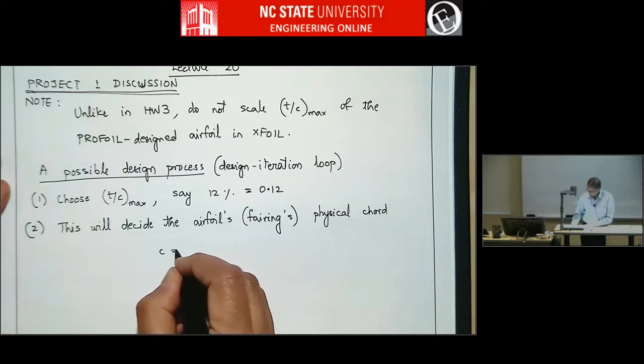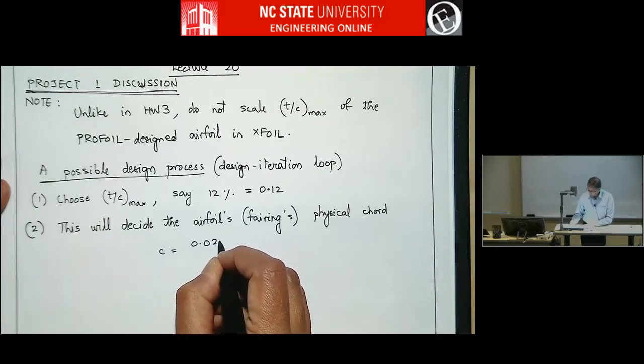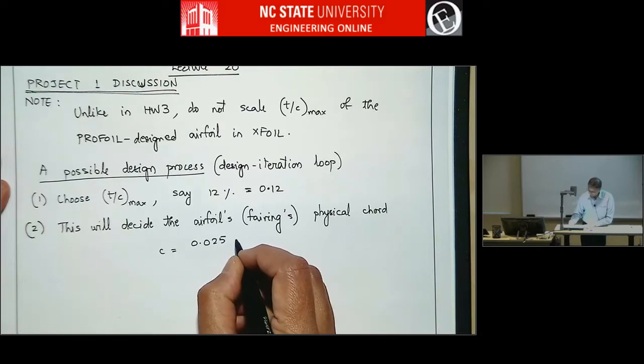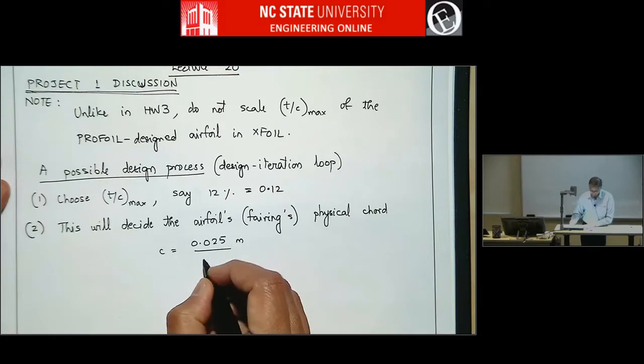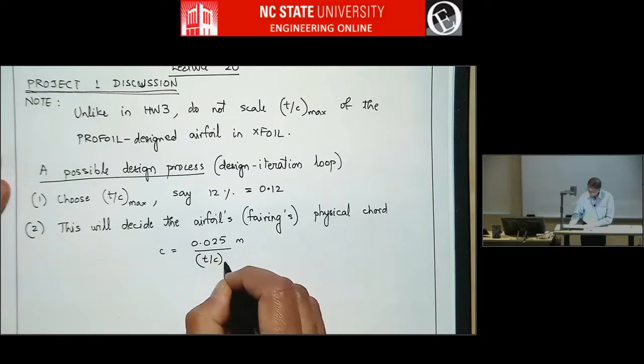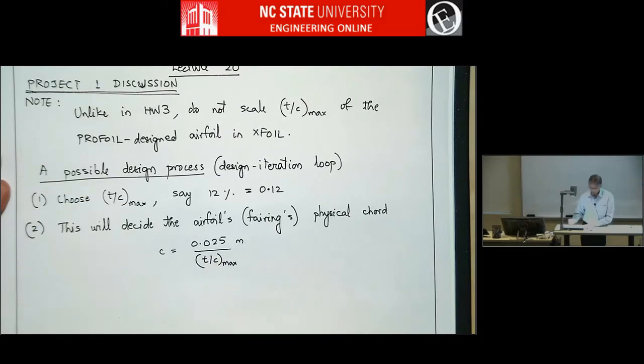So chord will be 0.025 meters divided by T over C max. You probably have figured this out from homework 3 by now.